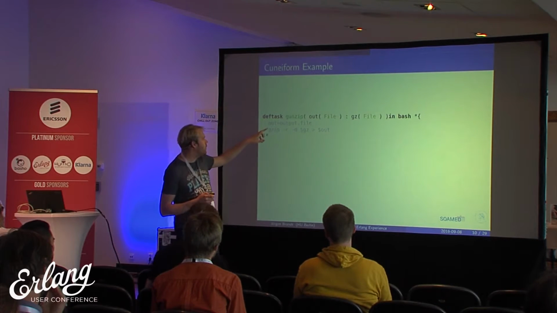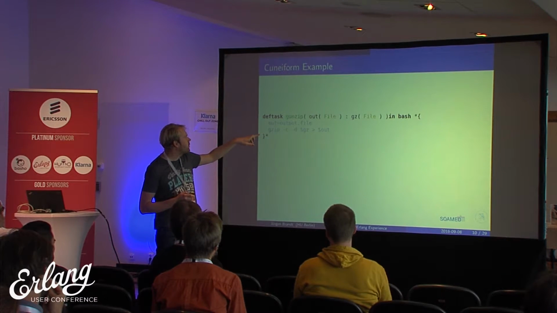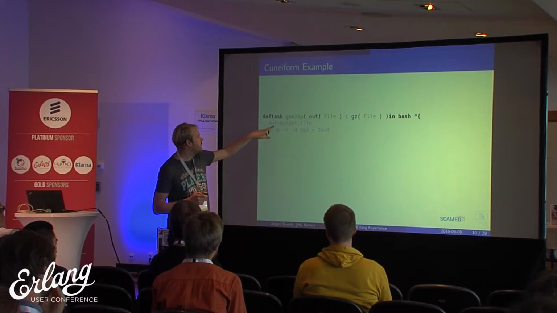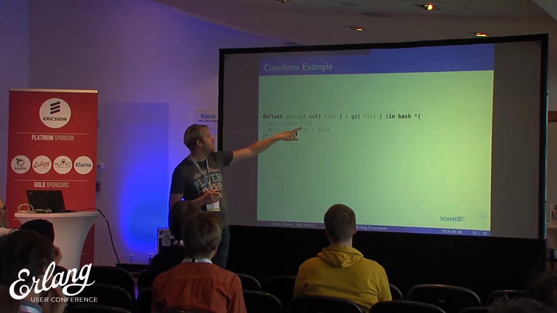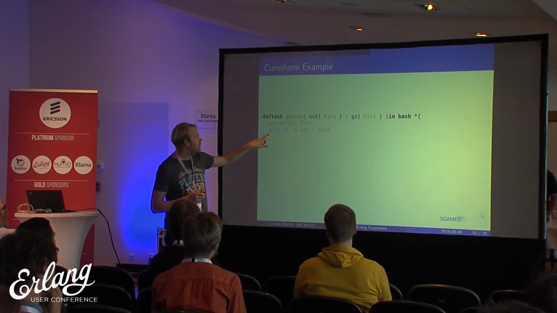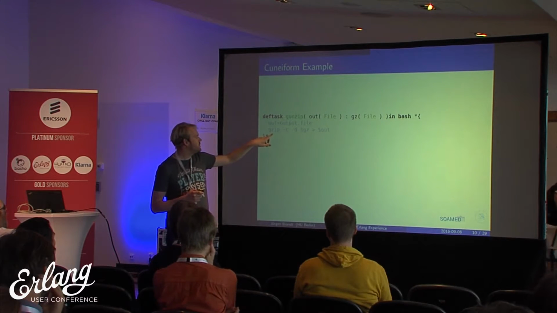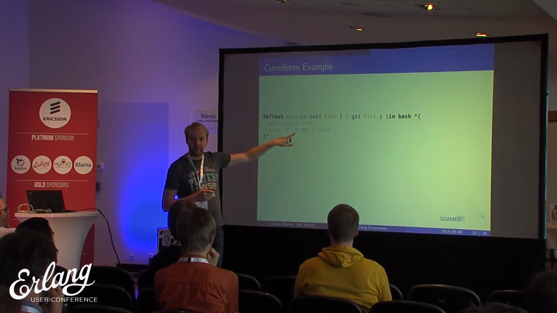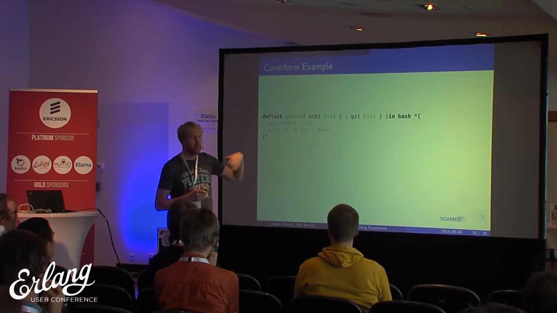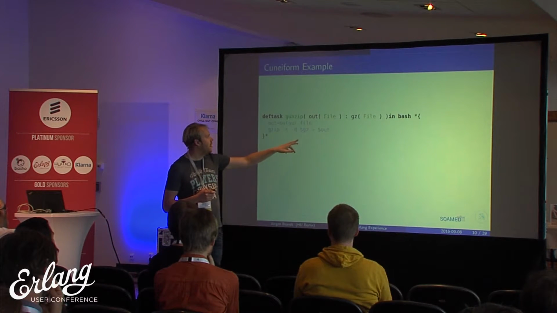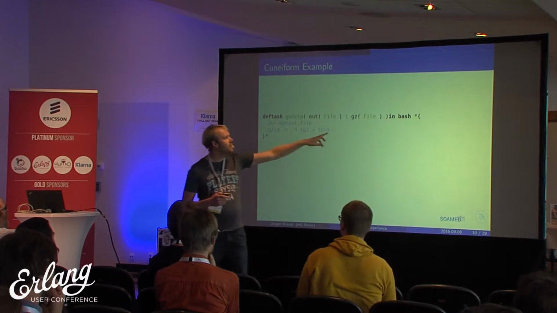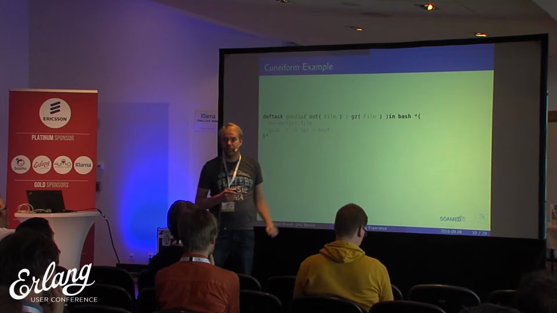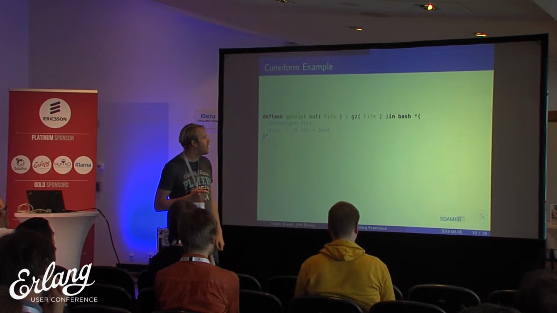So in this file, in this case, I will bind the value of the out variable to the name output file, and then I will call gzip. -d means decompress, -c means write it to the standard output, and here I'm reusing the input parameter.